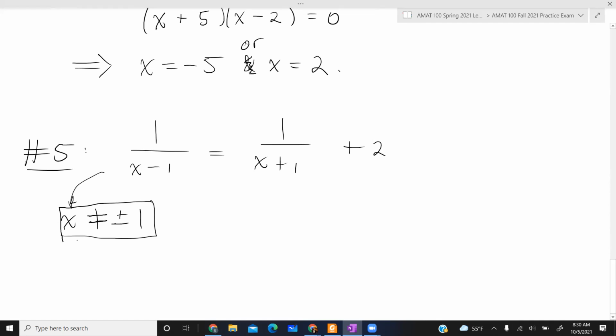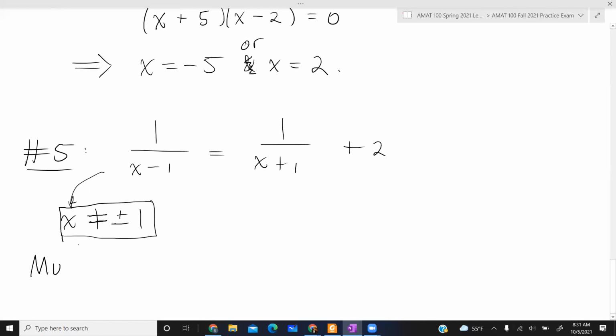It's actually an incorrect term to say extraneous solutions; they're just not solutions at all. So if at the end you get x equals plus or minus 1, you know you have to rule those out. But let's not keep that in mind for now, because maybe that won't happen to us. So what I would do for this one is get rid of these fractions.